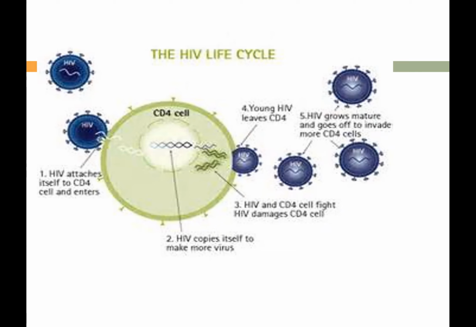HIV GP120 must bind to other cell surface molecules, the co-receptors, for it to enter the cell. Chemokine receptors, particularly CCR5 and CXCR4, serve this role. HIV isolates can then be distinguished by the use of these receptors. So now it is within the cell.